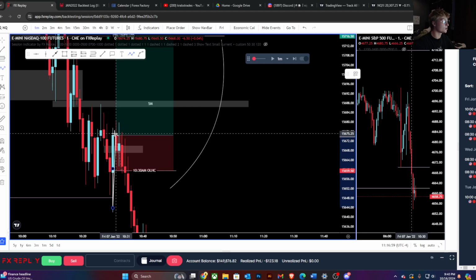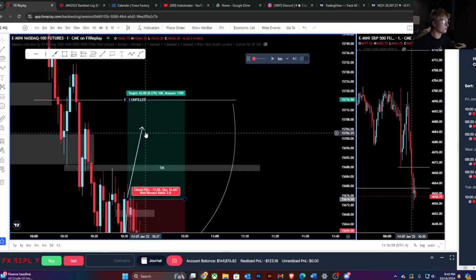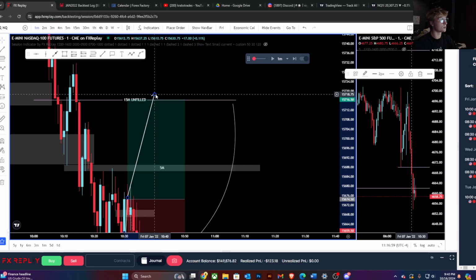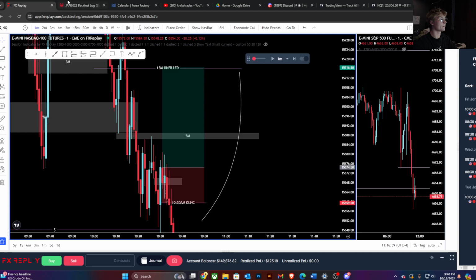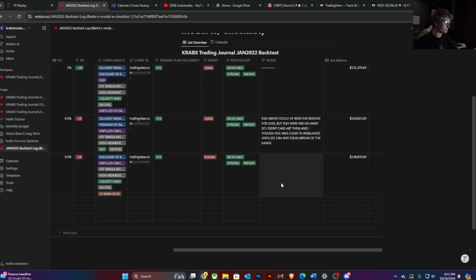Then 1 minute inversion, was looking for the rebalance. So I do think this was a good loss. Did like this setup a lot. Good L, 15-minute inverse bearish was the issue. We're not gonna call it good L.